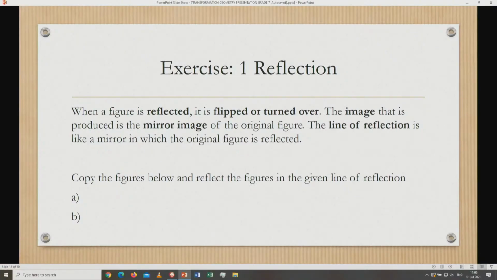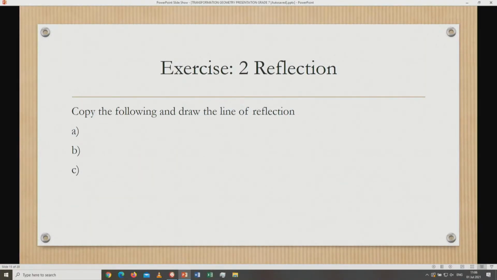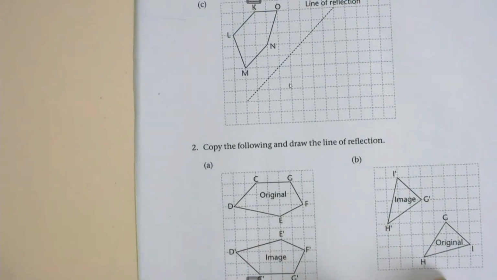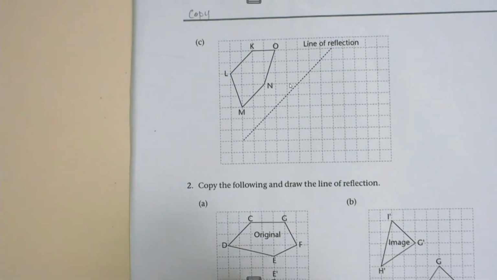Right. Now, let us see. In exercise 2, it says copy the following diagram, draw the line of reflection. All right. So the first one is this diagram.